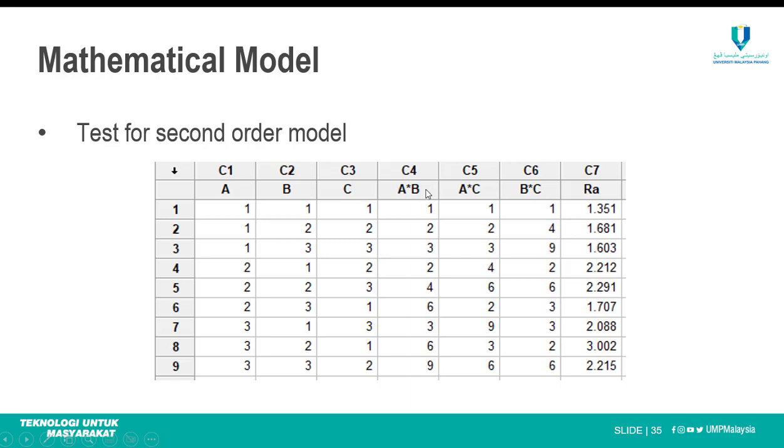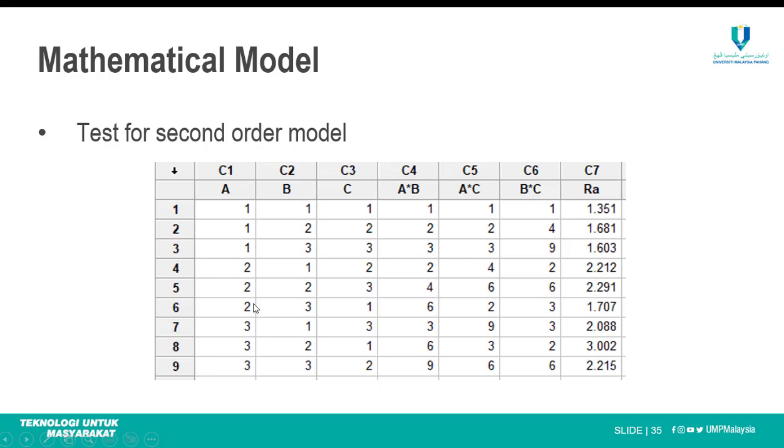A times B: we multiply the A value and the B value. For example, here 3 and 3, so 3 times 3 is 9. It is just the same for A and C and B and C. So we include these interactions in our model.